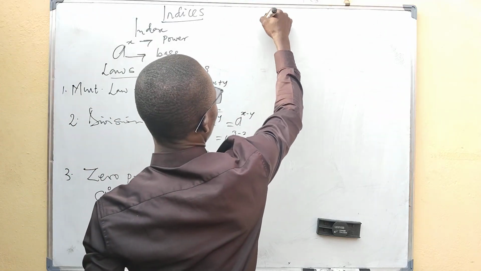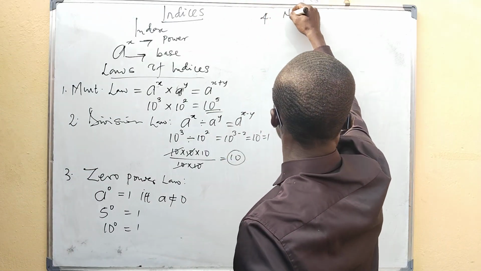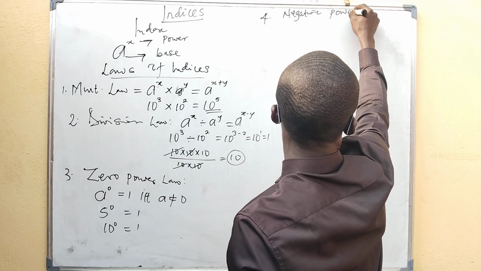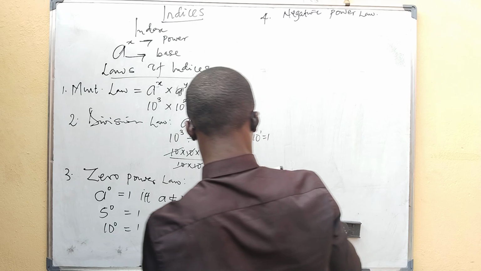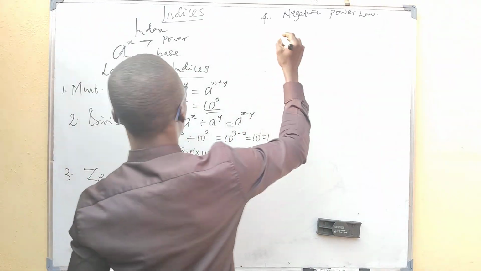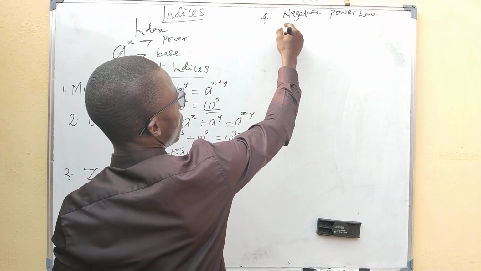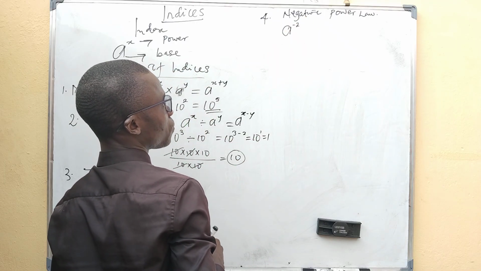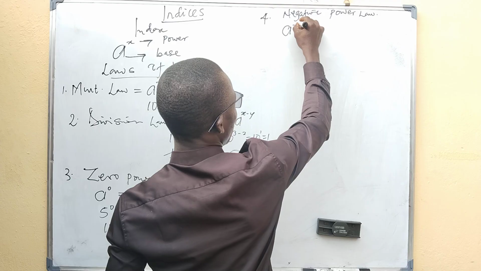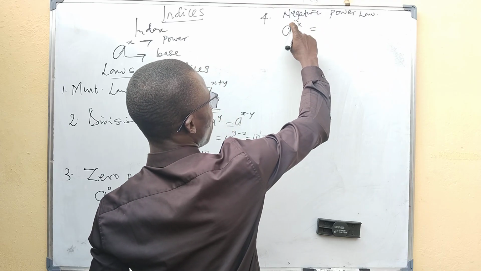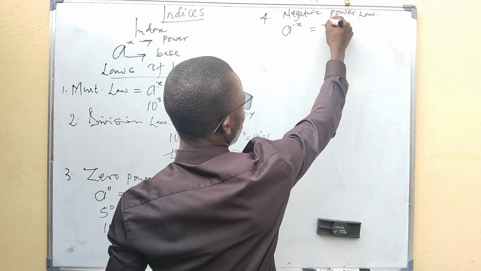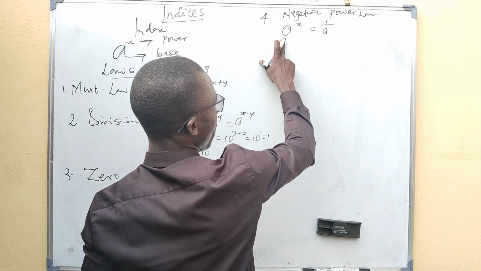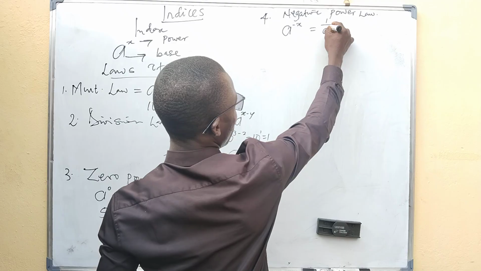Number 4, let's talk about the negative power law. In the negative power law, a raised to power minus x would be, since it's minus, take that minus away and write 1 on top of a, then that a will have the power x.